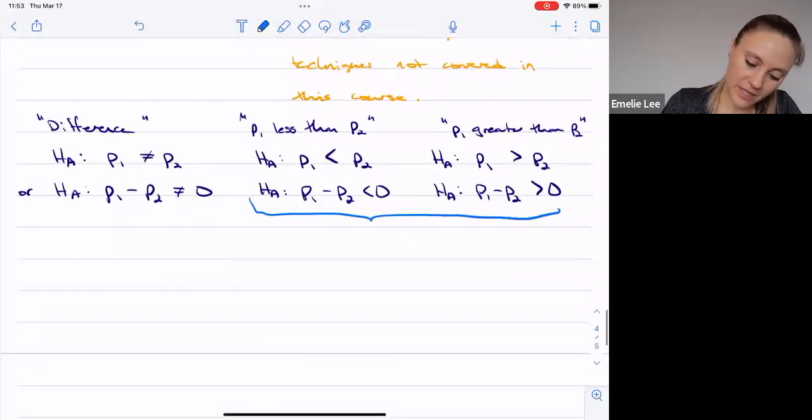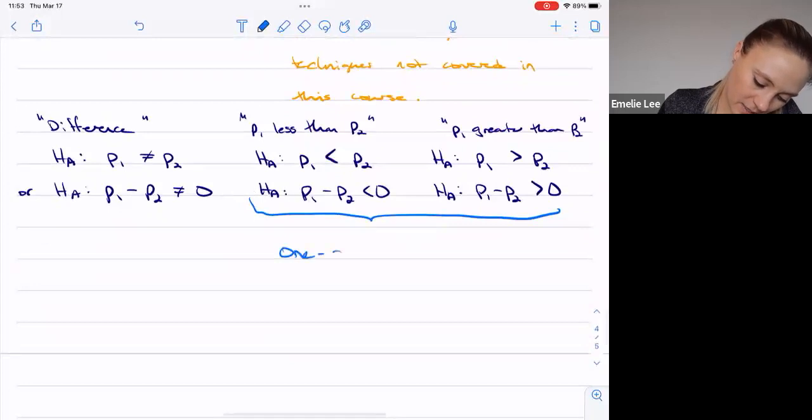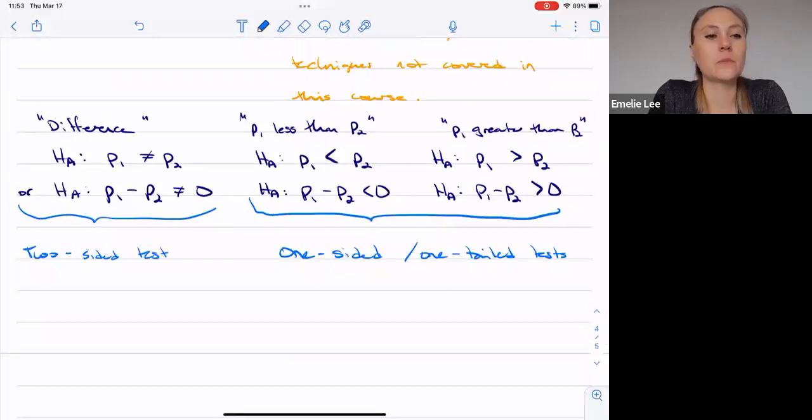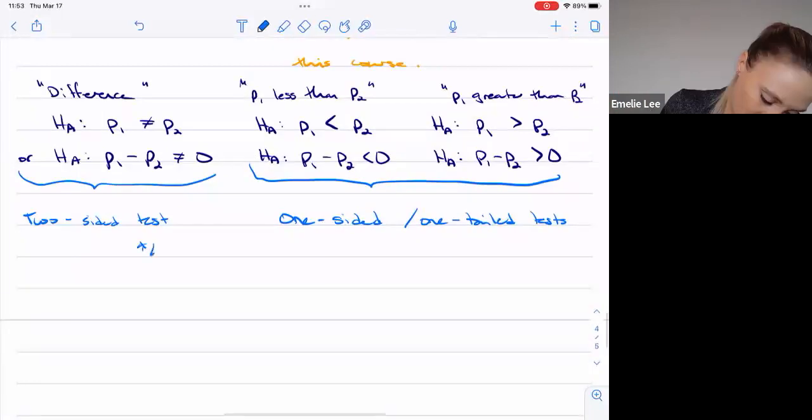Again, these are called one-sided or one-tailed tests. And this is a two-sided test or two-tailed, but I usually just say two-sided. Okay, that's going to come into play again for our p-values, right?